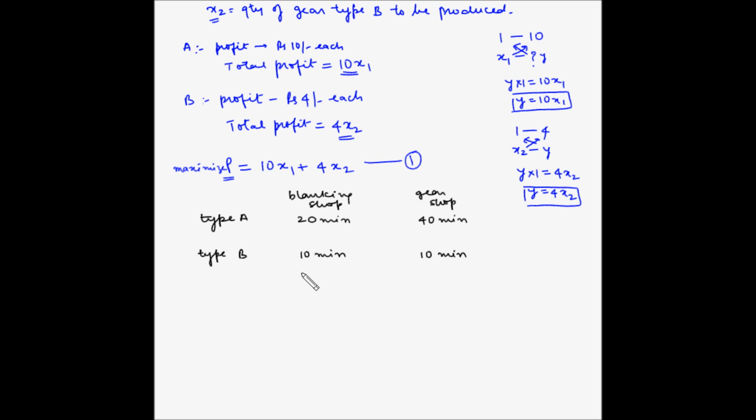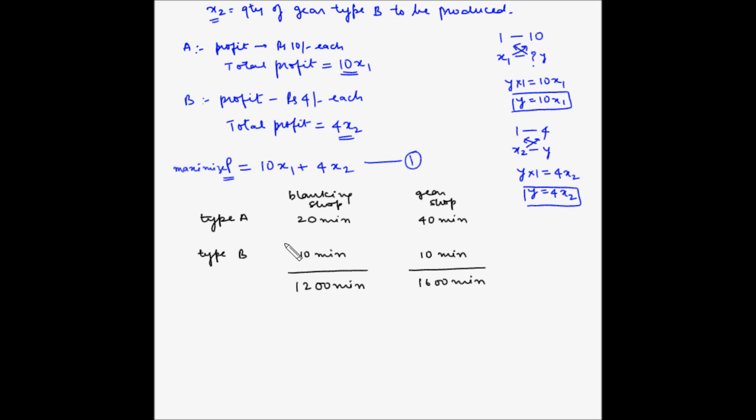We have also been given that the total time available for processing in the blanking shop is 1200 minutes, while the total time available for processing in the gear shop is 1600 minutes. So basically our first constraint is the time availability at the blanking shop, and our second constraint is the time availability at the gear shop.